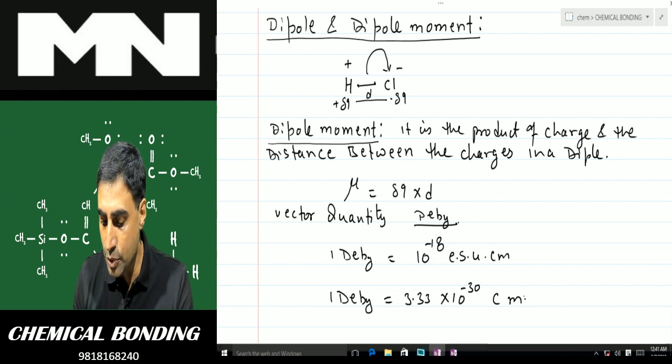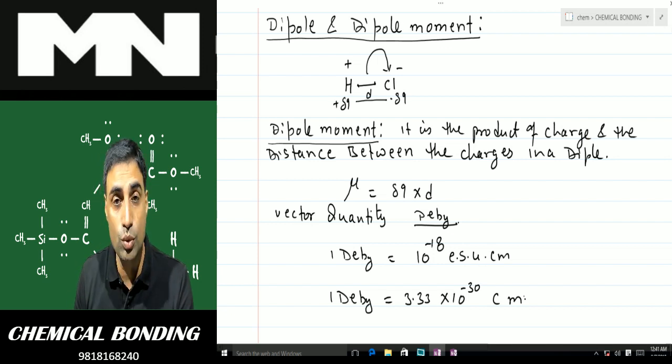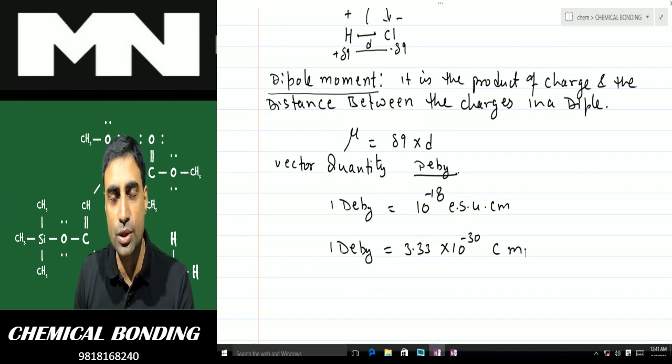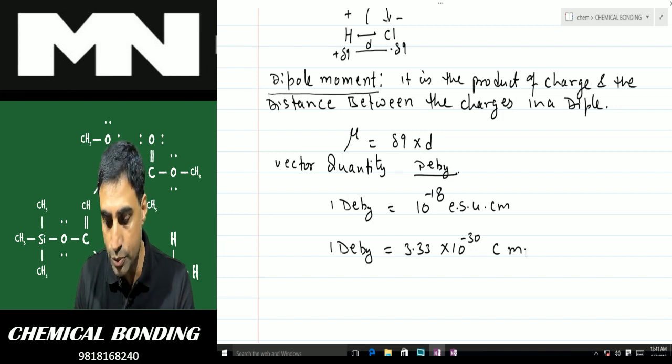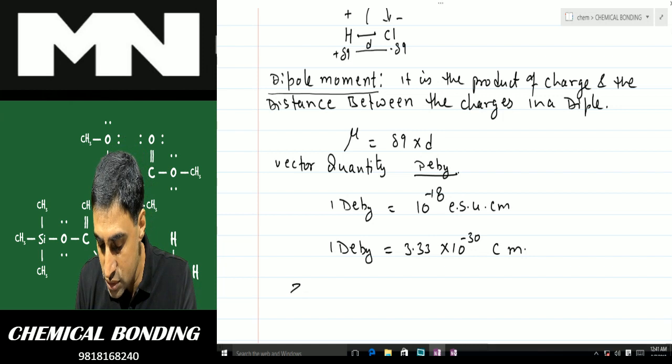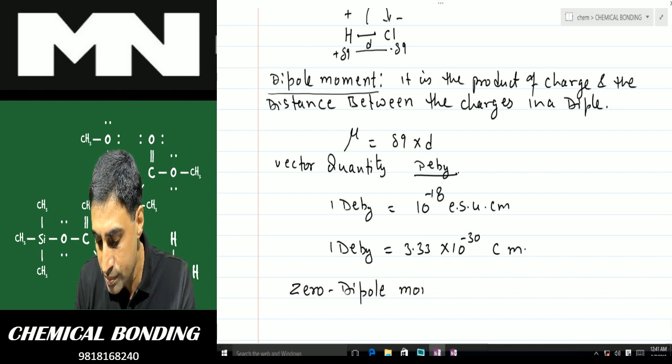So it is 3.33 into 10 to the power minus 30 coulomb meter. Now when I say that dipole moment is a vector quantity, that means direction also matters in calculating dipole moment. I will show you some of the molecules where we'll have zero dipole moment.